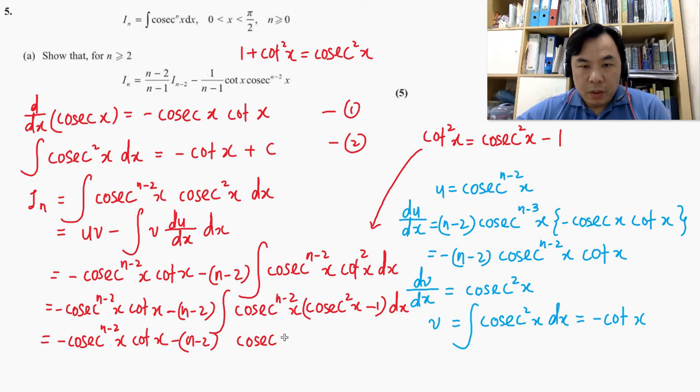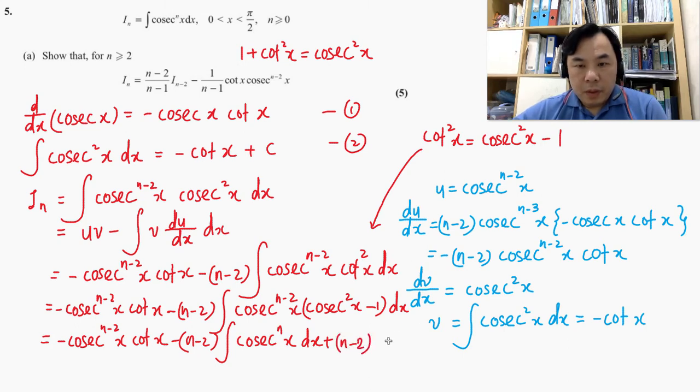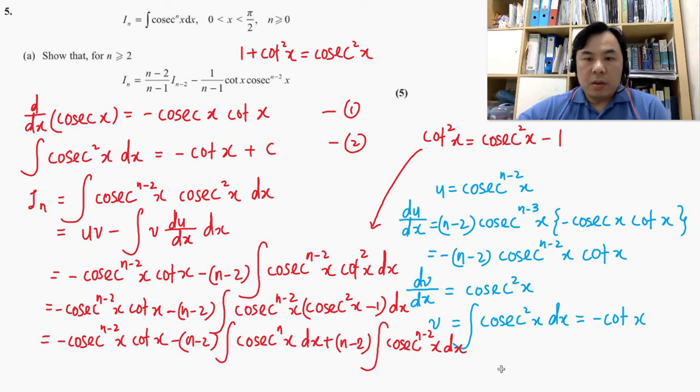So from here we have cosecant^n x dx, and then we have another one which is minus (n-2) here, and then cosecant^(n-2) x dx. Okay, now that's the result that I have. I hope that is not too messy here.